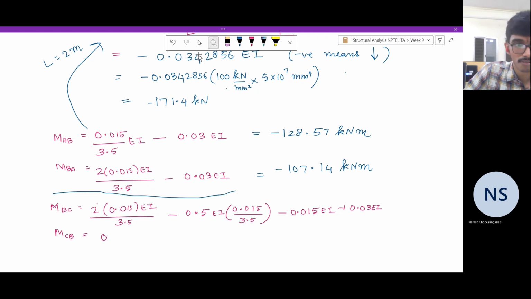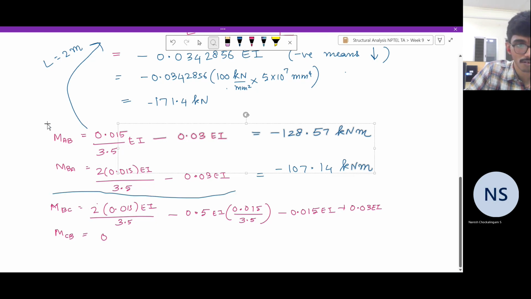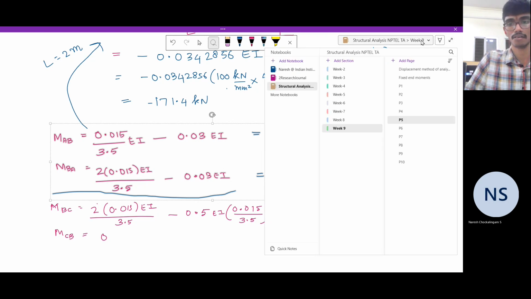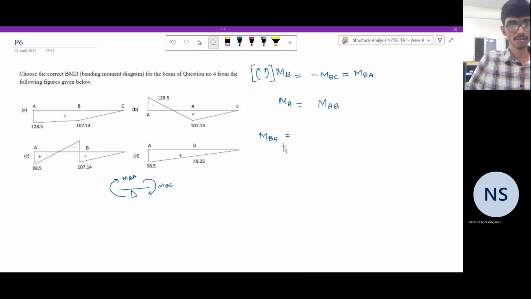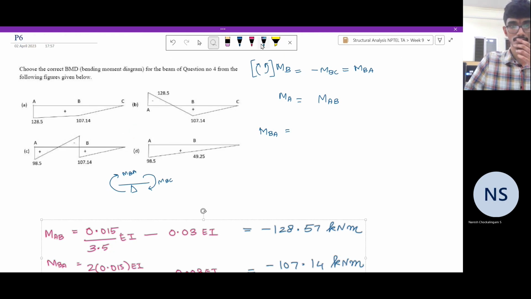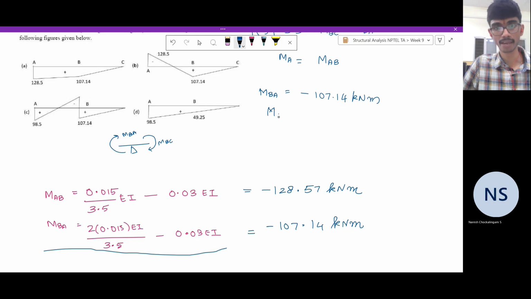So let us take these values. So MBA is 107.14 and MAB is minus 128.57.